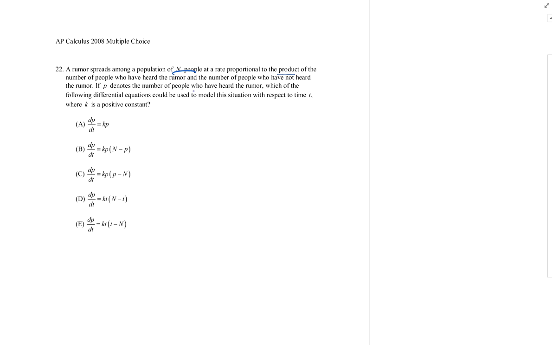If P is the number of people who have heard the rumor, then n minus P, because n is the total number of people, is the number of people who have not heard the rumor.